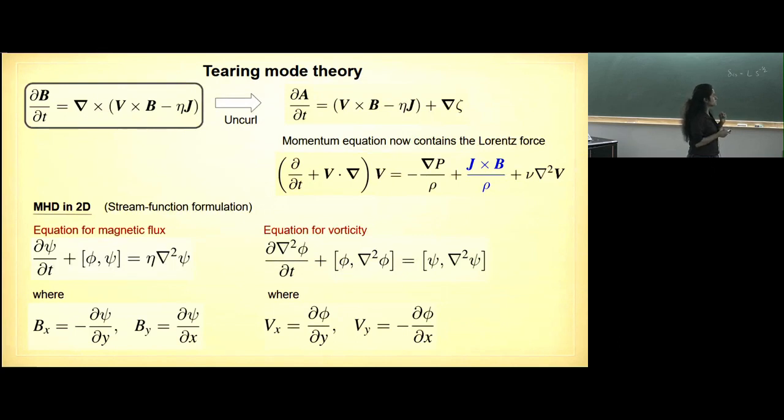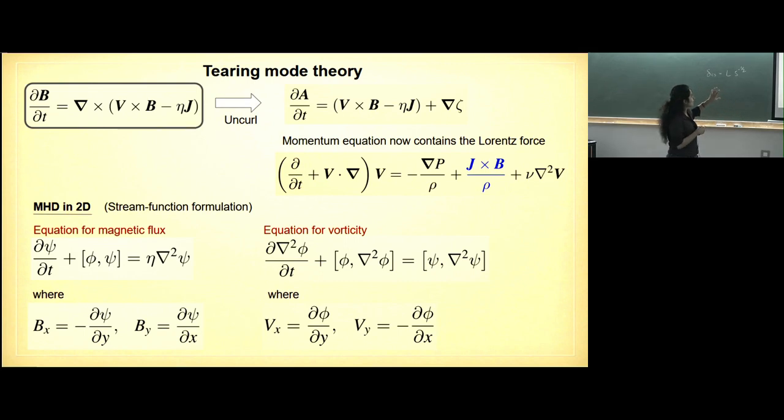Here I've uncurled the induction equation to get an equation for the vector potential. And of course, this is the momentum equation. But since we are doing a 2D model of all of this, I don't have to work with these equations. I can reduce it into a stream function kind of formulation.